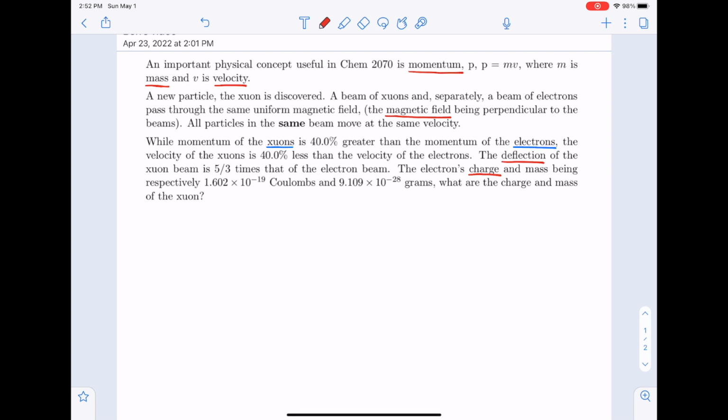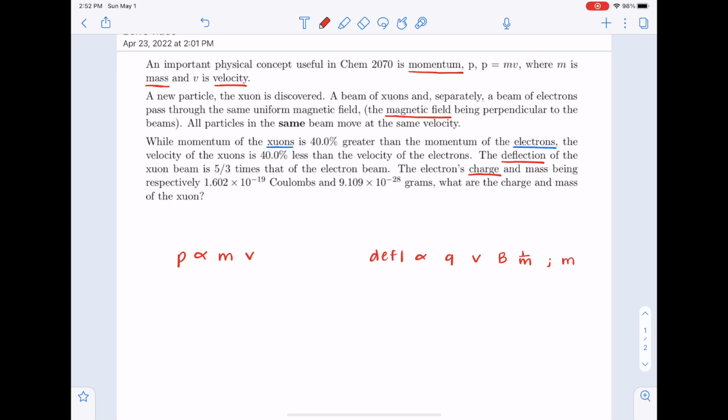Great, so now that we mark those down, we'll want to think about the variables we have and identify any equations or expressions we know using those variables. So in the problem, they tell us that momentum equals mass times velocity. So then we can write the expression momentum is proportional to mass times velocity. Then, looking at the lecture notes, you'll see that we discussed the expression deflection is proportional to charge times velocity times magnetic field times 1 over mass.